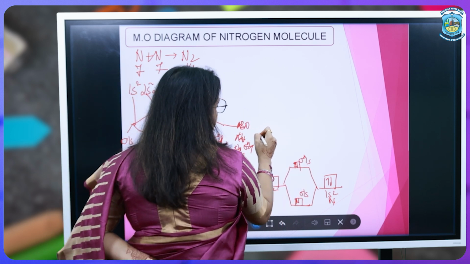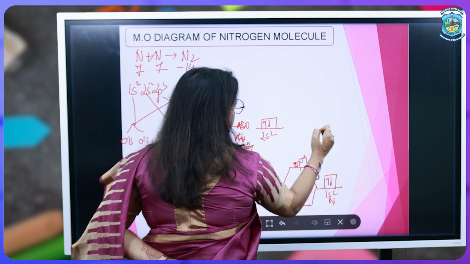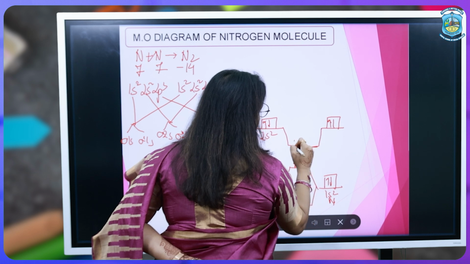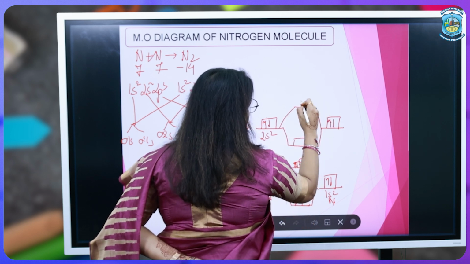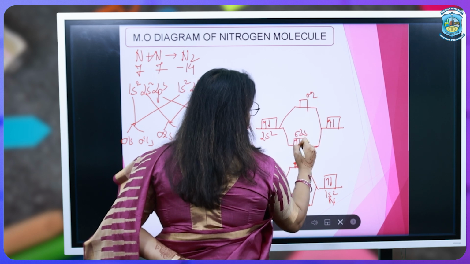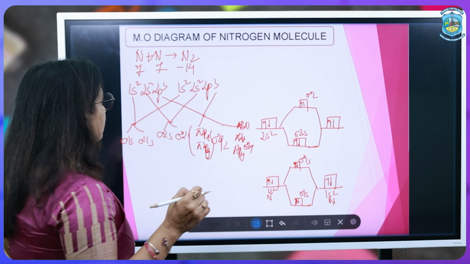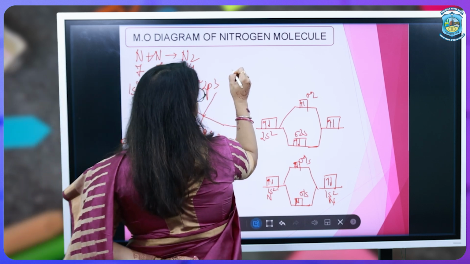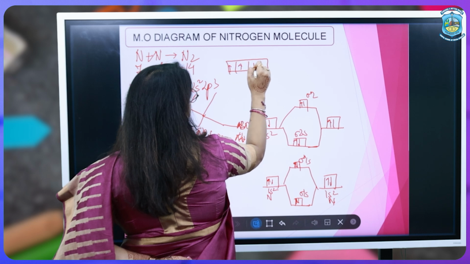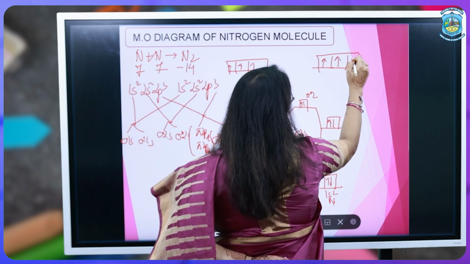Then we form 2s2 and 2s2, giving sigma 2s and anti-sigma 2s. Now the difficult part is to make 2p. Starting from 2p, we have 1, 2 and 3 on each side.